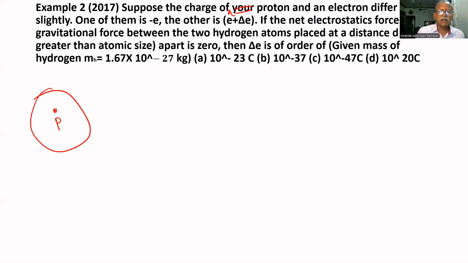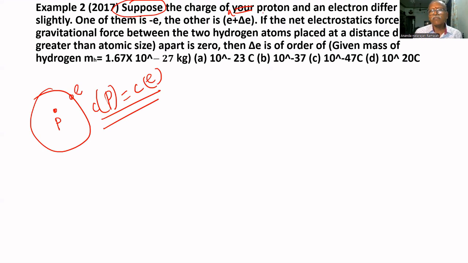Electrons will be rotating in a circular path. But the charge of a proton must be equal to the charge of an electron in any atom. But in this case, suppose we are assuming the charge of a proton and an electron differ slightly.